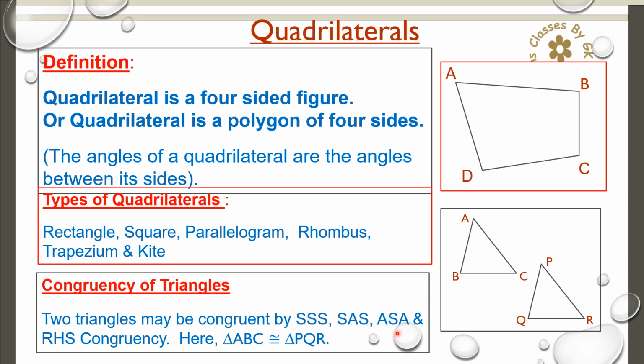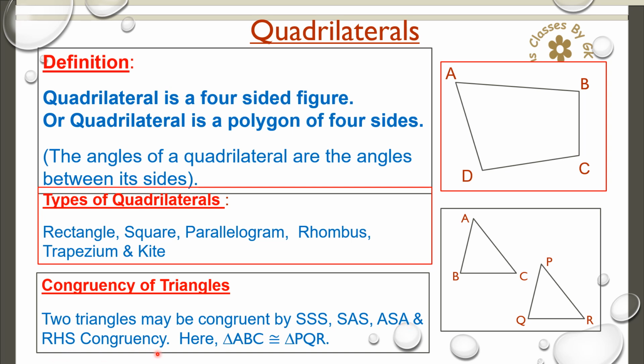Now the ASA congruency. ASA means angle side angle. If the two angles of a triangle are respectively equal to the two angles of another triangle, and the side which comes in between is also equal, then the two triangles will be congruent by ASA. Angle side angle.